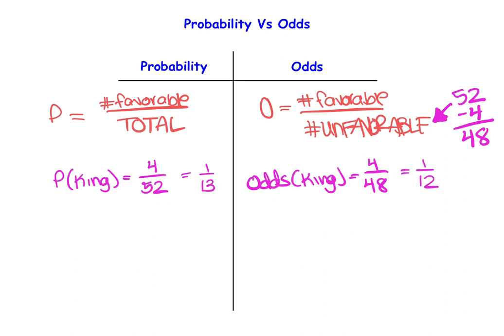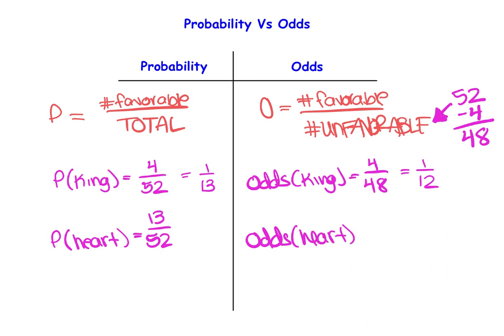Now, similarly, say we did the probability of picking a heart. We know there are 13 favorable and 52 total. So our probability of picking a heart is 13 over 52. But our odds of picking a heart is going to be 13 over unfavorable.